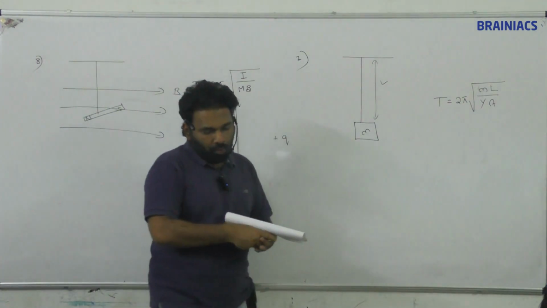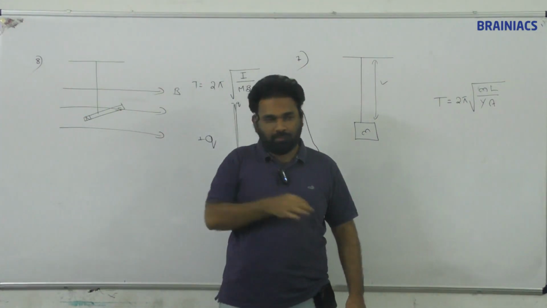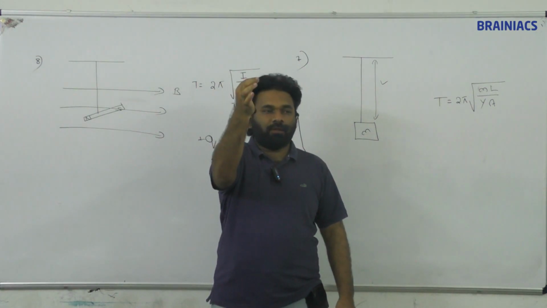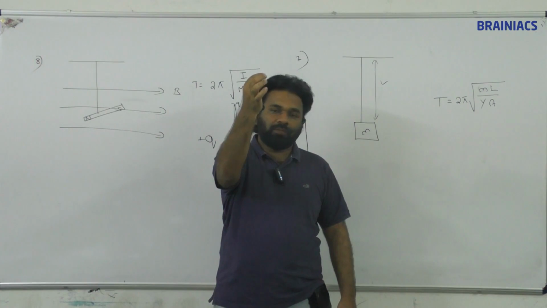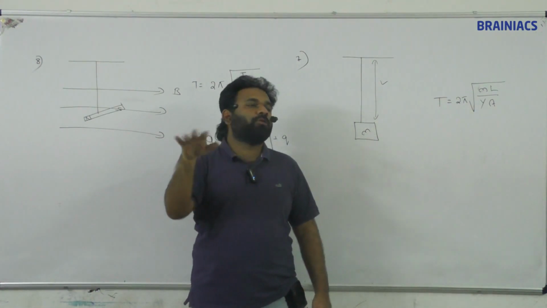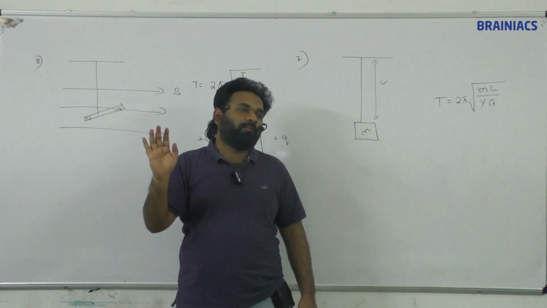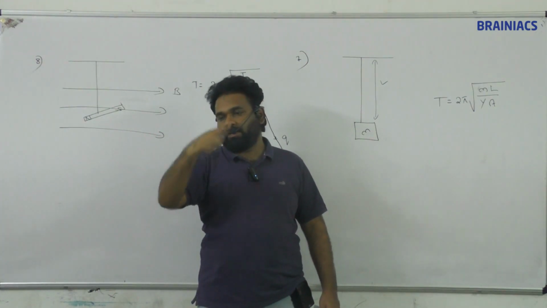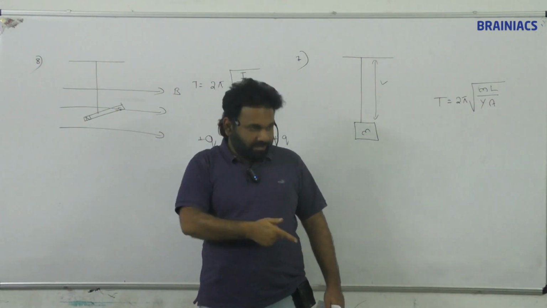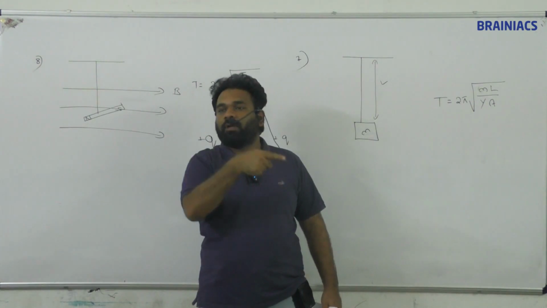See, 4 charges are there, 1 2 3 4, and in between another charge, minus q. So these 4 charges also can pull this. All the horizontal components will be cancelled off, because if this is the force towards one charge, this is the horizontal component and this is the vertical component, then the opposite charge will cancel that horizontal component.